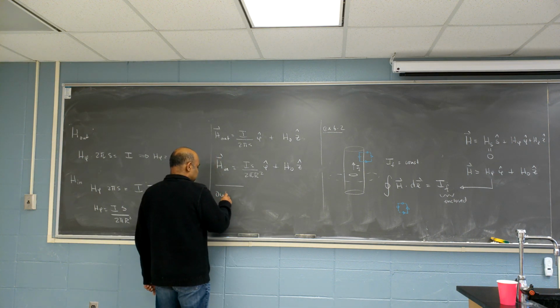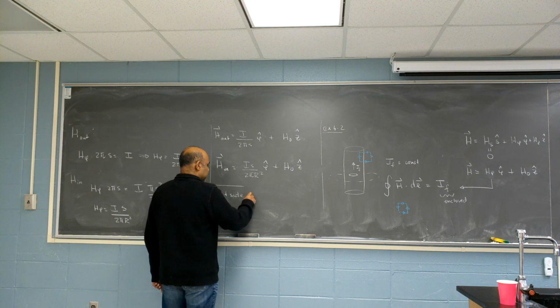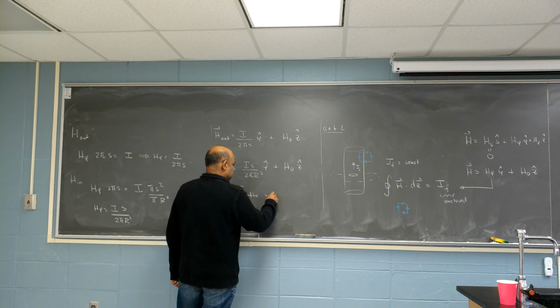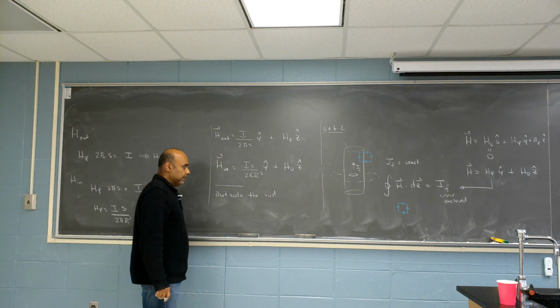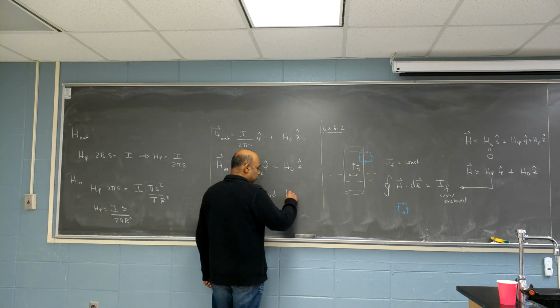Outside the rod, what is B? Outside the rod, M is 0.